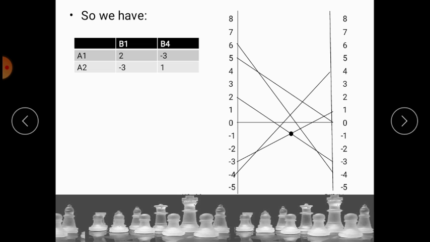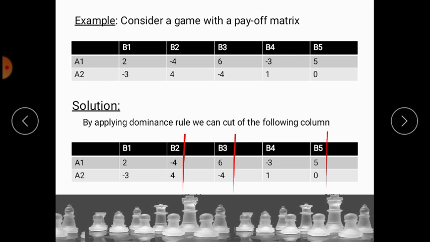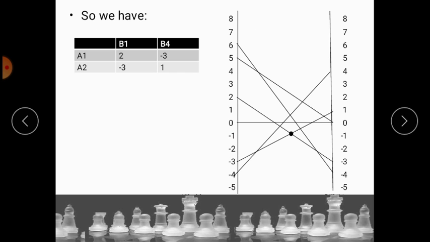We'll plot all the points which are given in our original payoff matrix in the graph. For example, this particular B1 column, where A1 is 2 and A2 is minus 3.